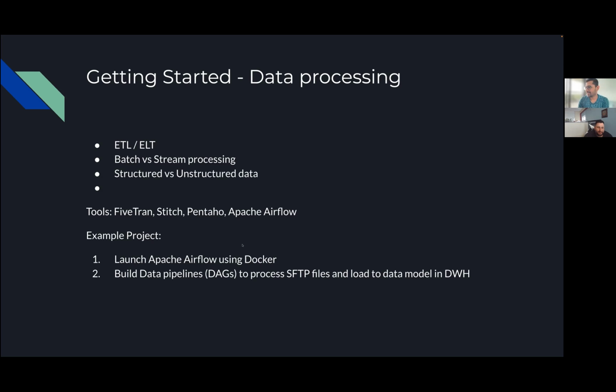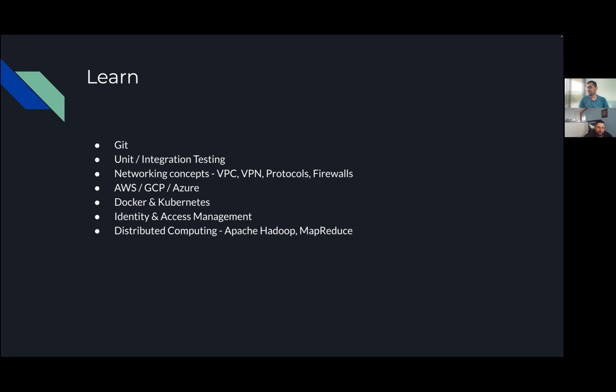All right, so this is the last slide that I had. Basically, some of the concepts that I recommend learning when you are starting out as a data engineer. Using Git version control is quite important. The reason being, as a data engineer, I build a lot of code, and I want the ability to go back and look at various versions, and also keep track of what we're building.